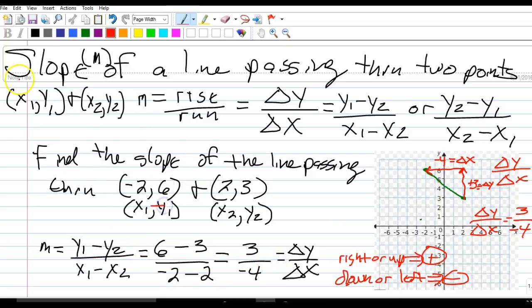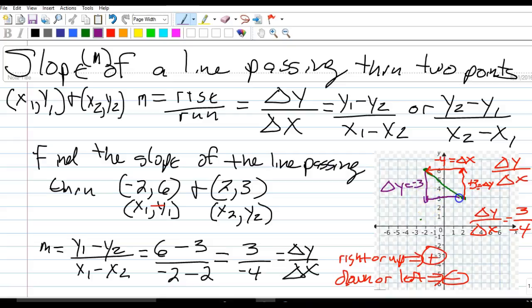Now, looking at this again, if I were going from this point to this point, then my vertical change here, or the change in y, since I'm going down, is actually equal to a -3.